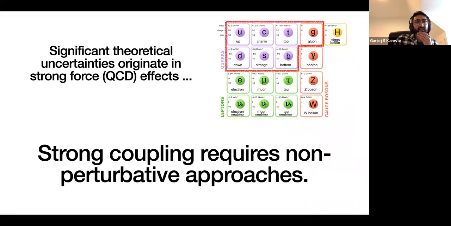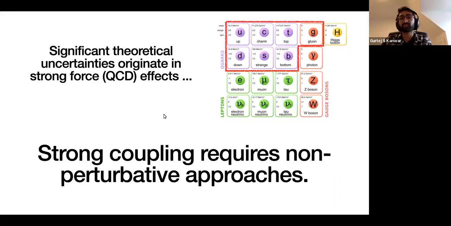So altogether, we know that there is new physics to be found, and often these searches have significant theoretical uncertainties that originate from the strong force effects. And strong coupling requires non-perturbative approaches.